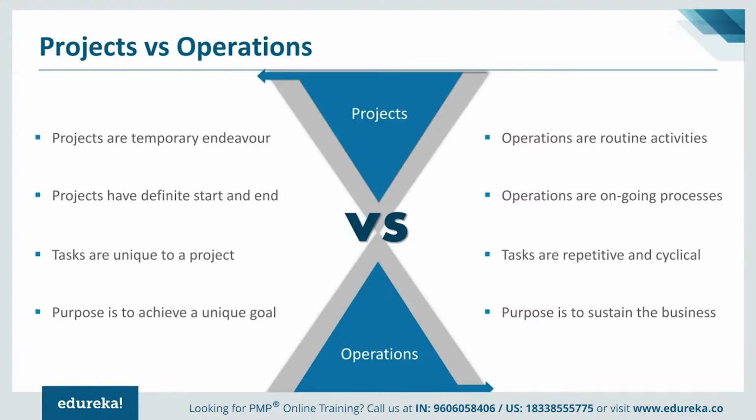Tasks are unique to a project. Every project outcome that we get is unique. When you undertake a project, you are creating an outcome which is a unique product, a unique service, or some unique result by the end of that project. A project is also undertaken in order to achieve a unique goal. There should be some unique goal which is drafted in the beginning of the project. It's predefined.